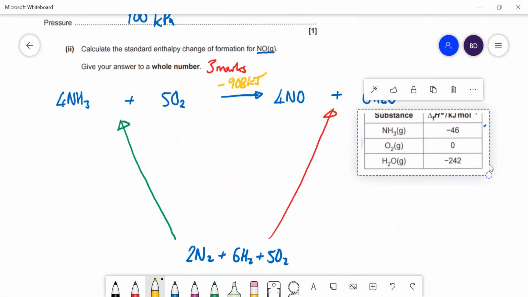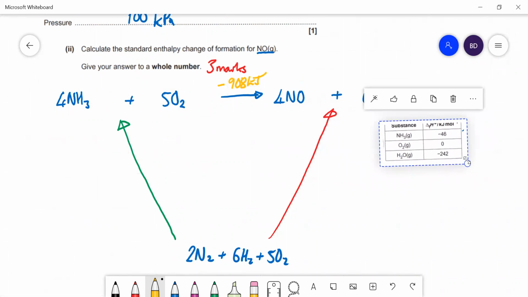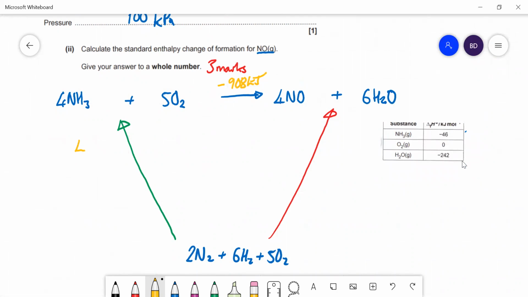Okay, so we've got those values there. Now on the green arrow, we're forming 4 moles of ammonia, so that's going to be 4 times minus 46. Nothing happens to the oxygen, so we just ignore that.